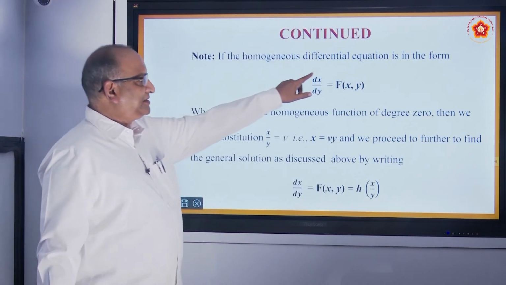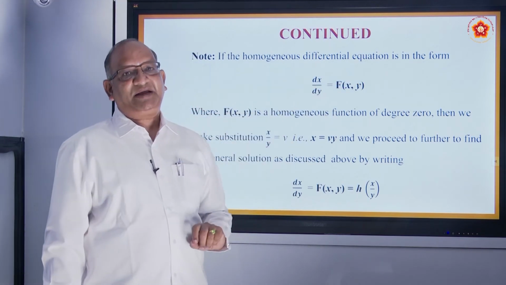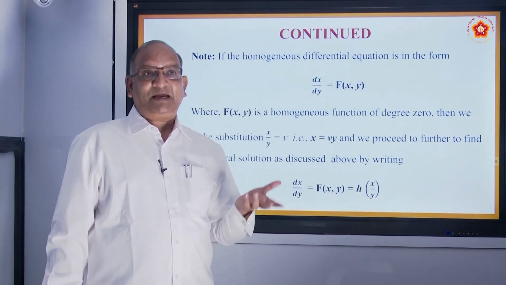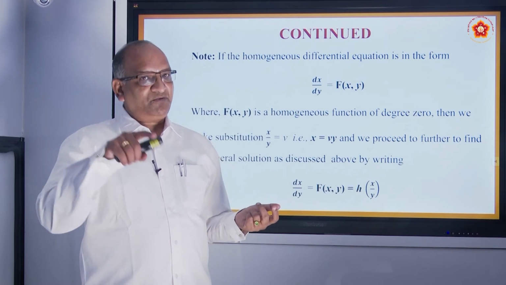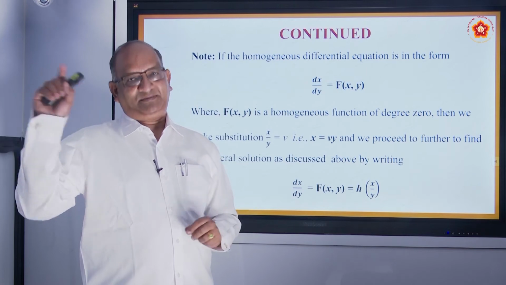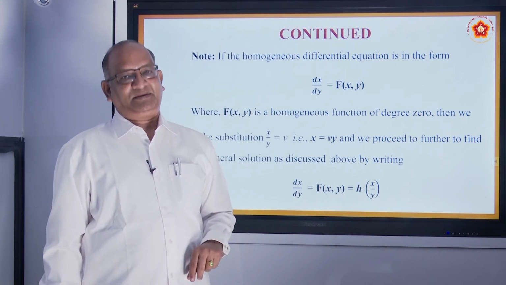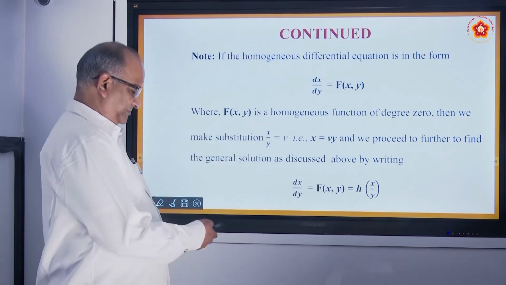If the homogeneous differential equation is in the form dx by dy instead of dy by dx, because sometimes that becomes convenient, then instead of substituting y equal to vx, we will substitute x equal to vy, and we will substitute the value of dx by dy by the same method. That's what he has explained.